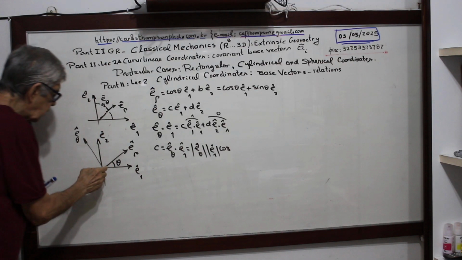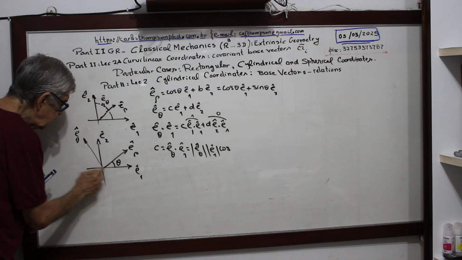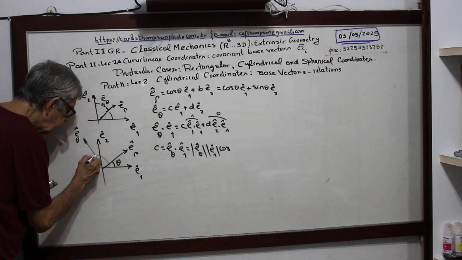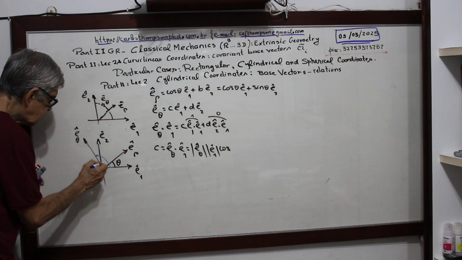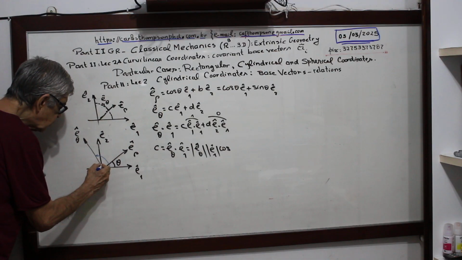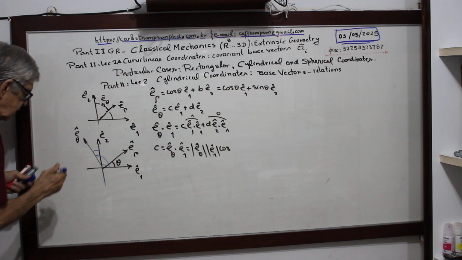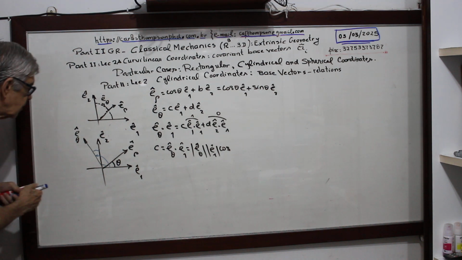Now, I have E sub theta and E1, this angle over here. This angle is pi over 2 plus the angle here. Okay. That's quite clear.